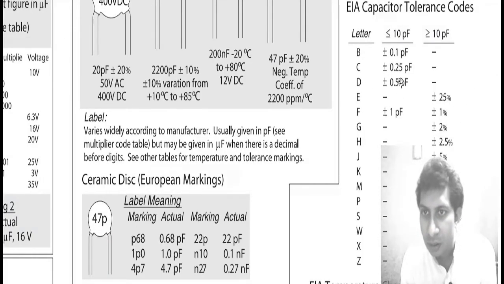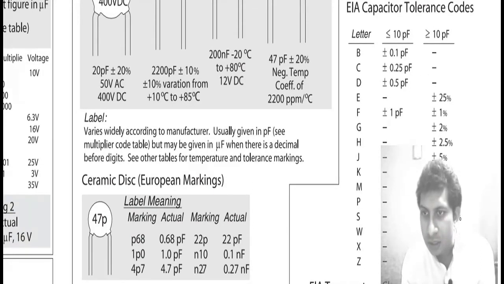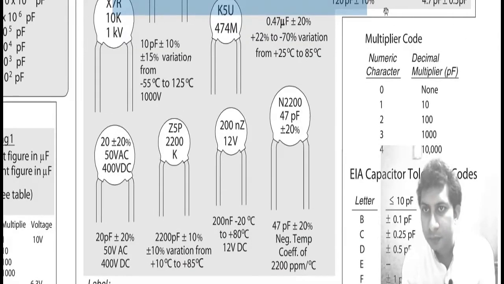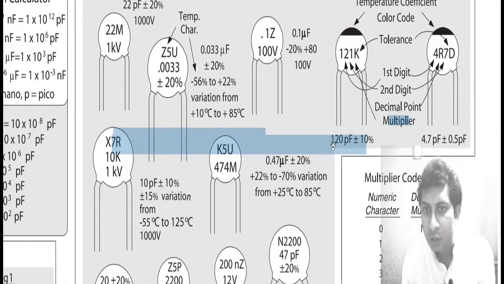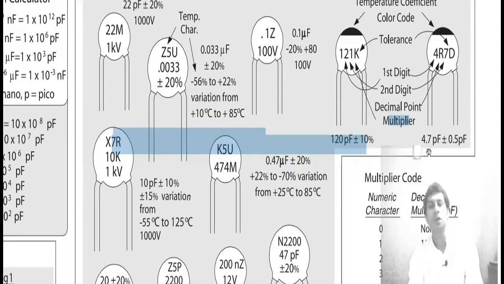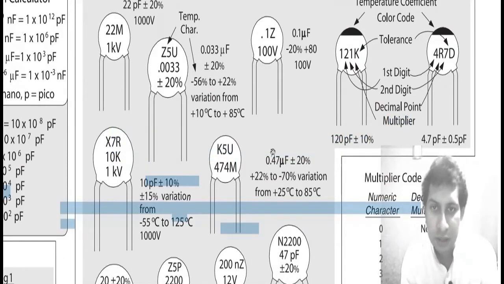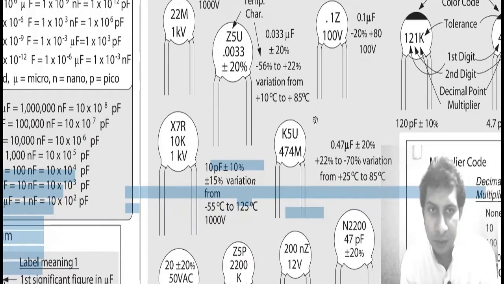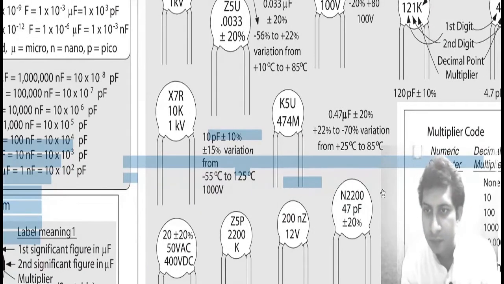For D, it is less than 10 picofarad, the value is 4.7, that's why we use D as 0.5 picofarad, and K is plus minus 10% because it is greater than 10 picofarad. It is 120 picofarad, and here we have 4.7 picofarad plus minus 0.5 picofarad. Similarly, I will send you all these details or pictures so that you can work on these things.